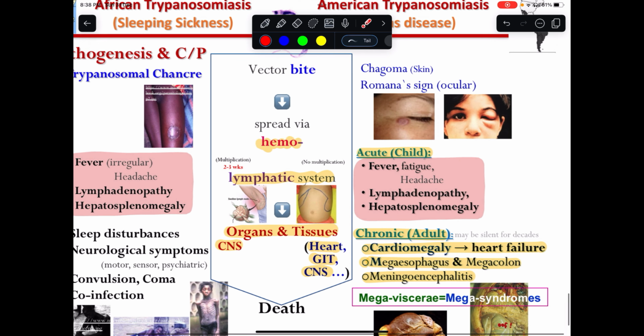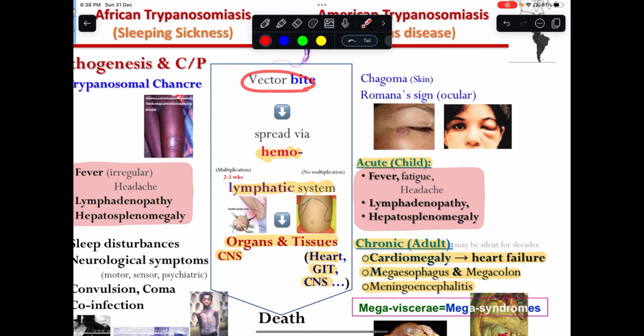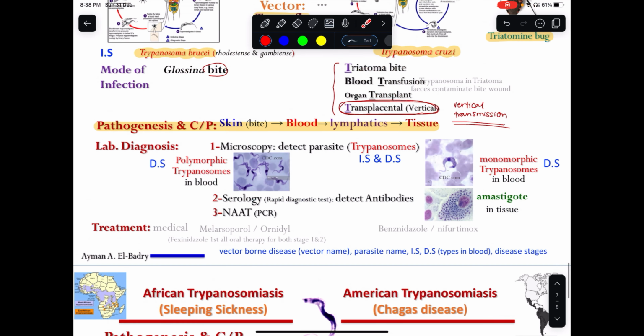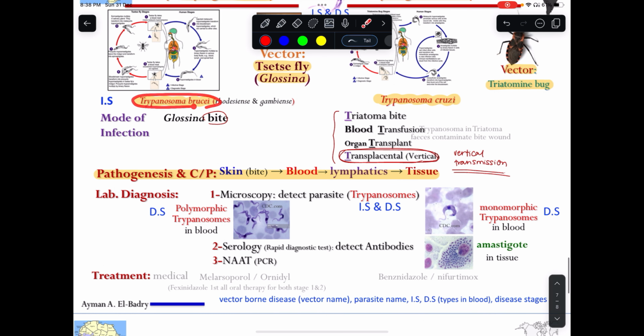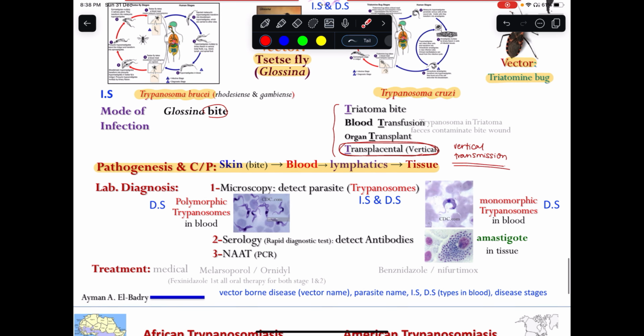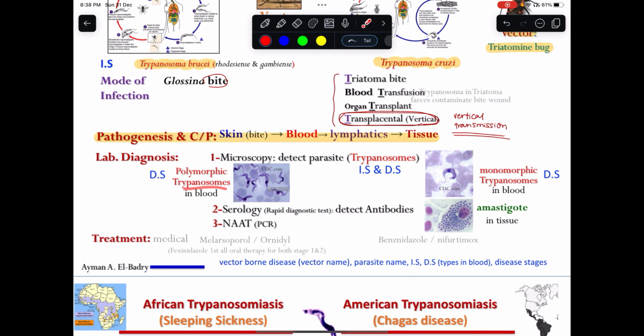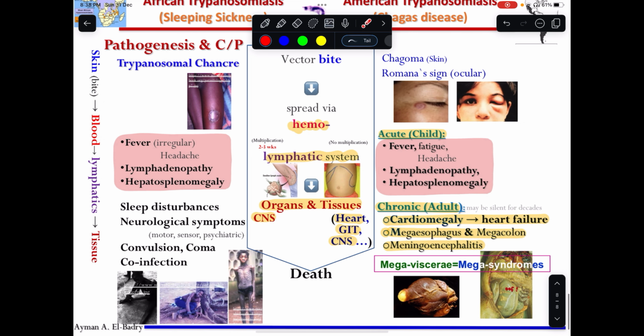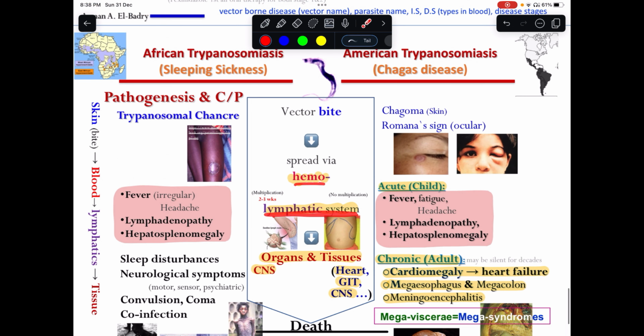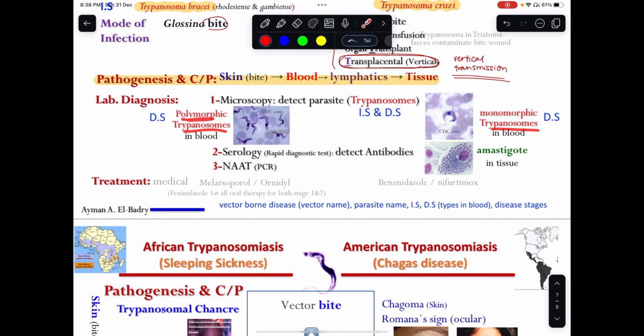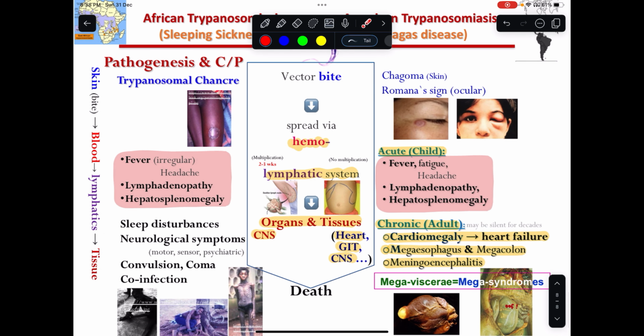So our vector bite will cause both Trypanosoma brucei and Trypanosoma cruzi, depending on the infection. Our trypanosomes are going to spread via the hemolymphatic system. In the African, it's going to multiply because we have polymorphic trypanosomes, and in the American, no multiplication.